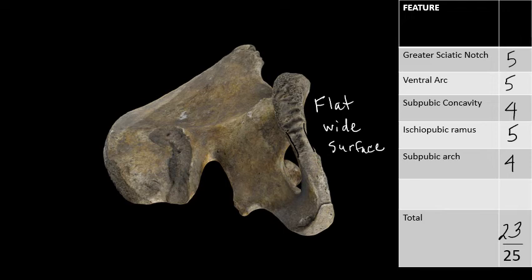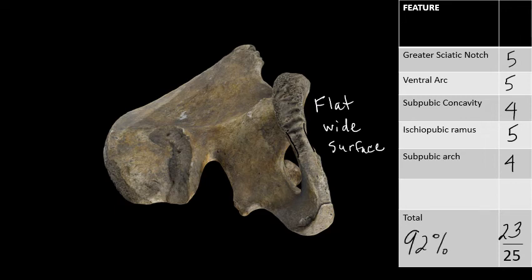I'm a little bit lower on the subpubic concavity and on the subpubic arch. However, that's giving me a very high degree of certainty that this individual is, and you should be concluding the same thing I am at this point of time, a male. So my level of confidence when I say 23 out of 25, that's about 92%.